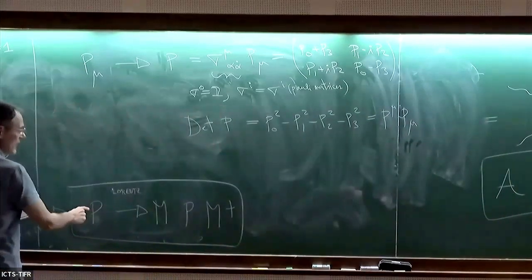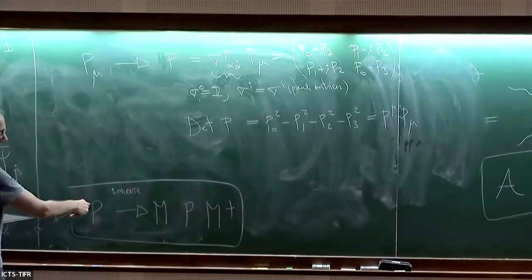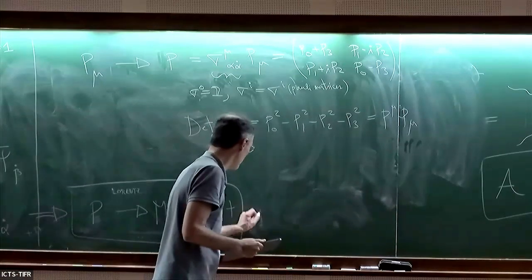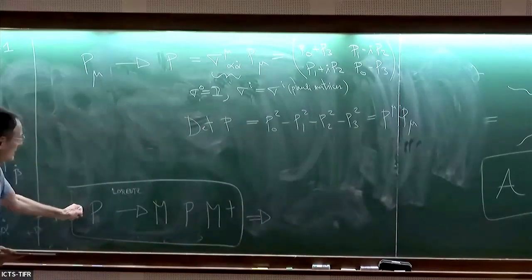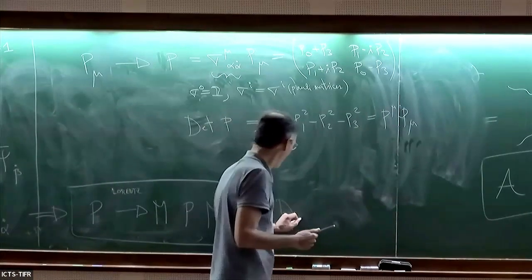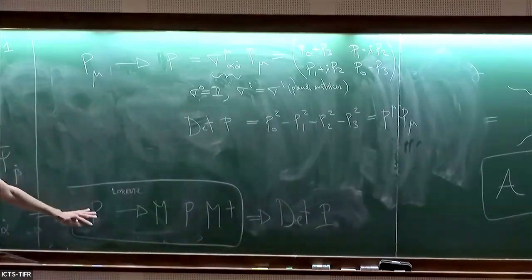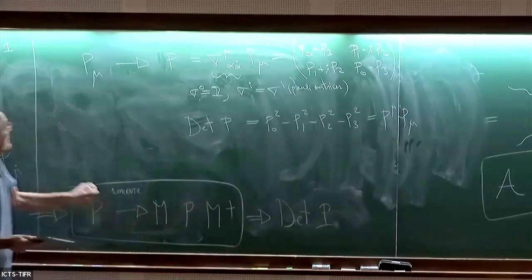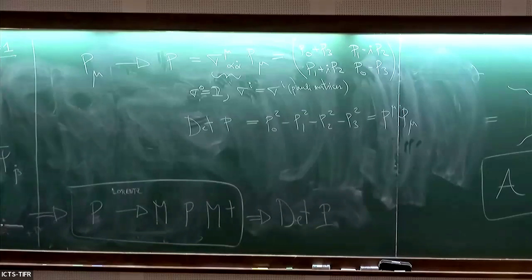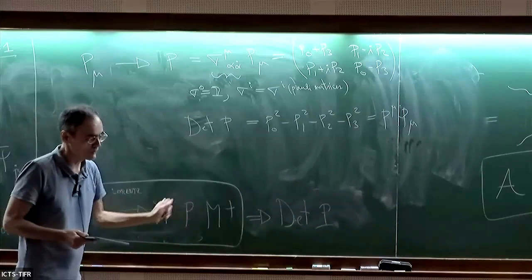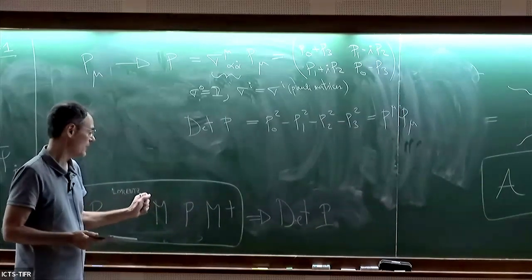And now you see that indeed this is a Lorentz transformation of the four momenta. If I look at how the determinant of P transforms, because these matrices are 2 by 2 matrices of determinant 1, and the determinant of a product is the product of determinants, the determinant of M is 1.